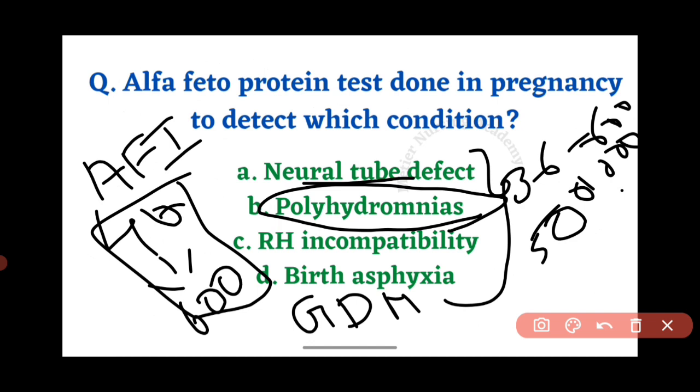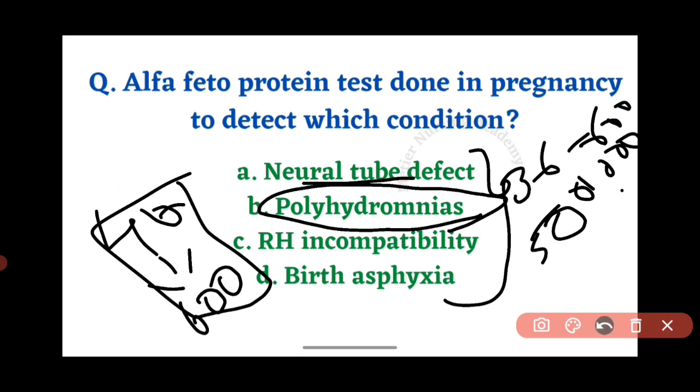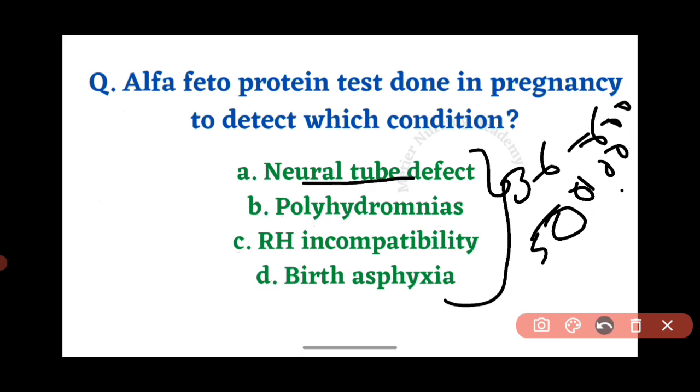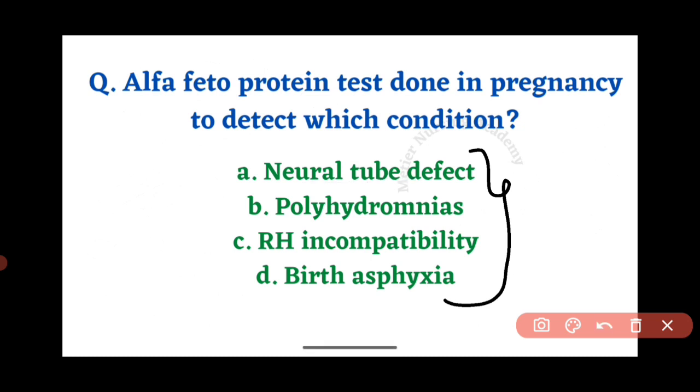If it is less than 5 centimeter, that is oligohydramnios. If it is more than 25 centimeter, that is polyhydramnios. This point you have to remember.